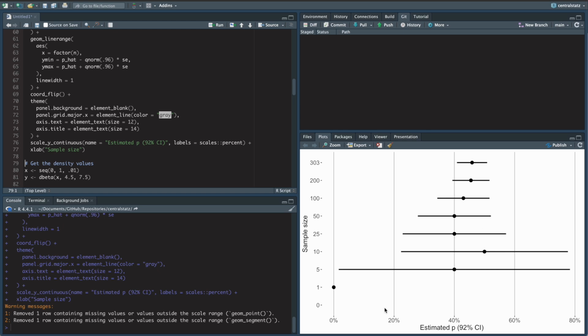When the sample size is 0, it doesn't even make sense for us to think about what our estimates are. Our estimates don't exist because we don't have any data to estimate them with. When we have one sample, each patient either has heart disease or not. It's just a coin flip, right?